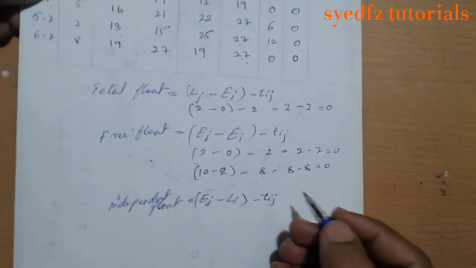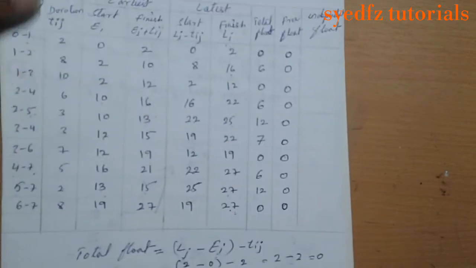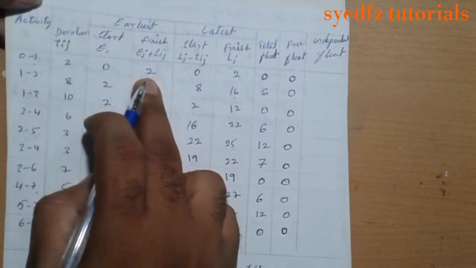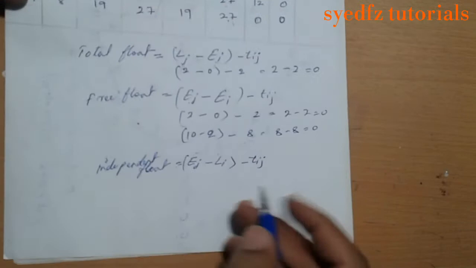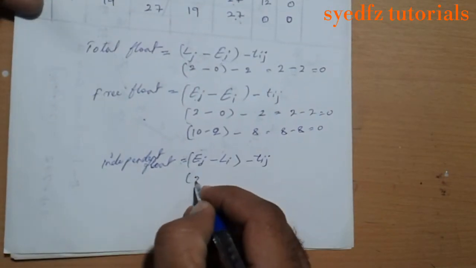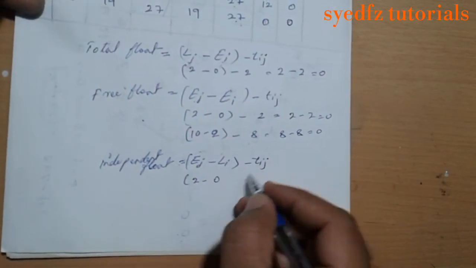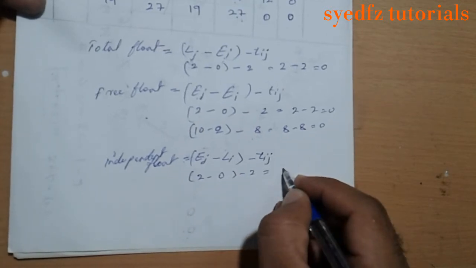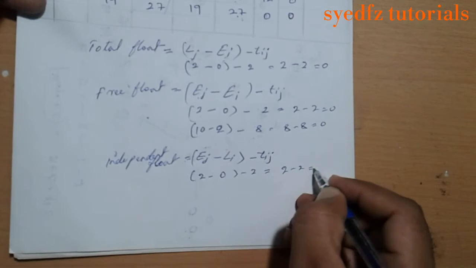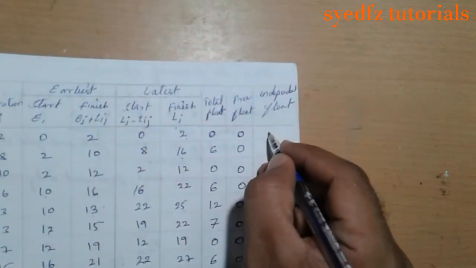The earliest finish is 2, latest start is 0, duration is 2. So 2 minus 0 minus 2. The answer is 2 minus 2 equal to 0. So first we got 0.